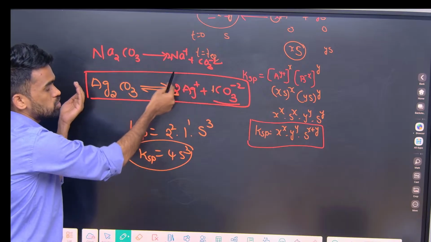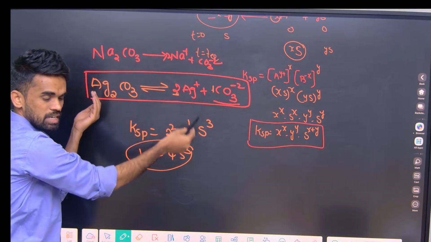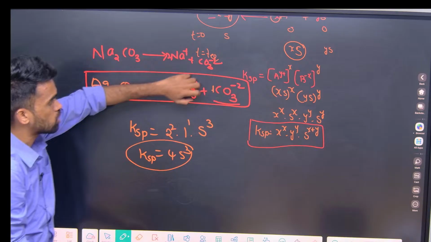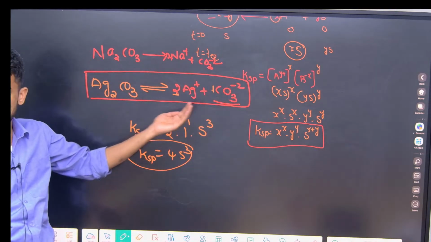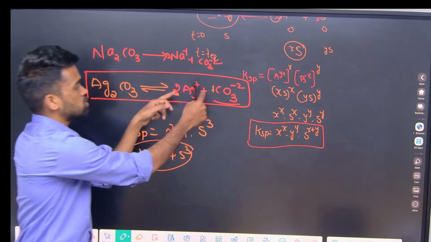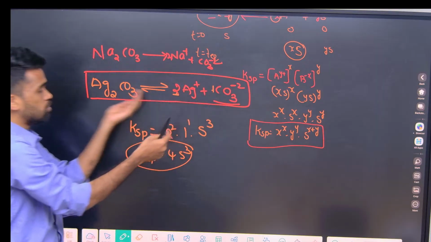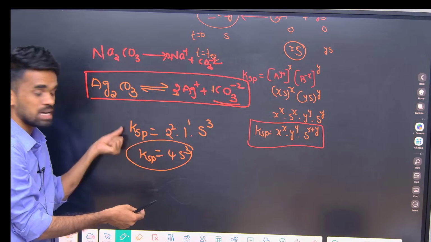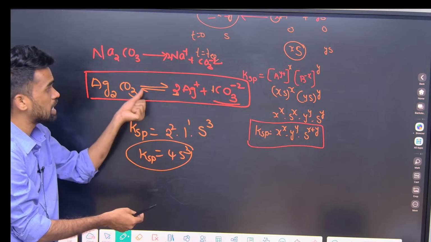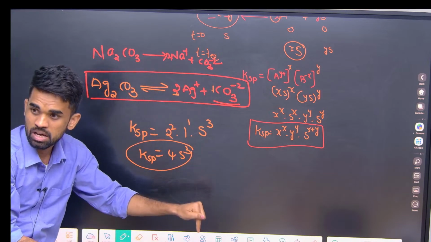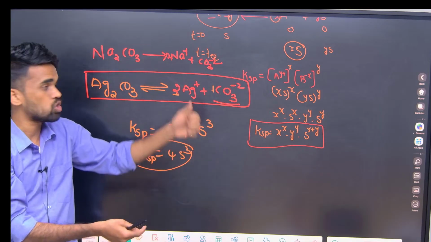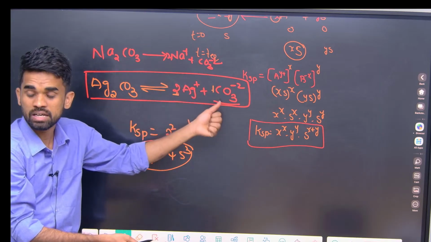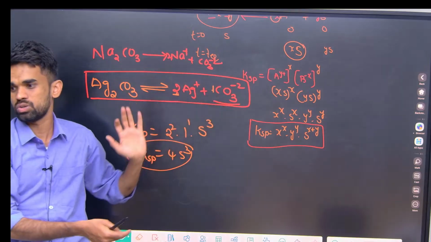So what happens to the Ag plus ion concentration? Decreases, because these two ions are now combining and moving backward. So the solubility of a weak electrolyte decreases upon adding a strong electrolyte which has a common ion with this weak electrolyte.